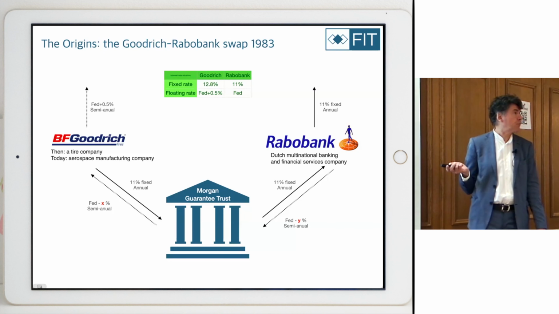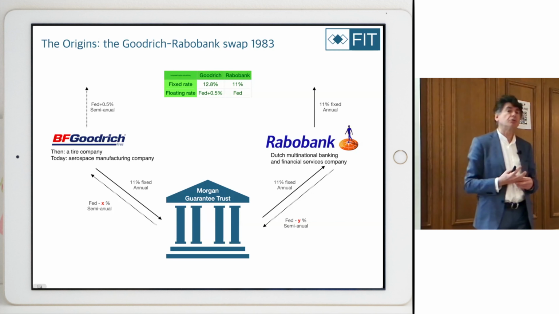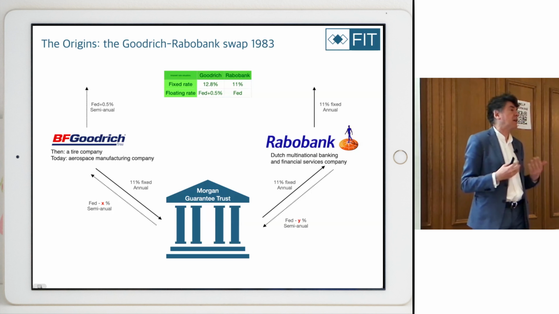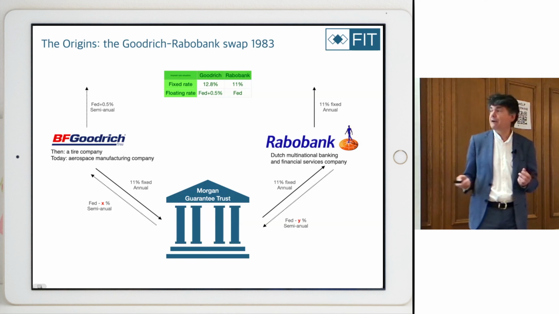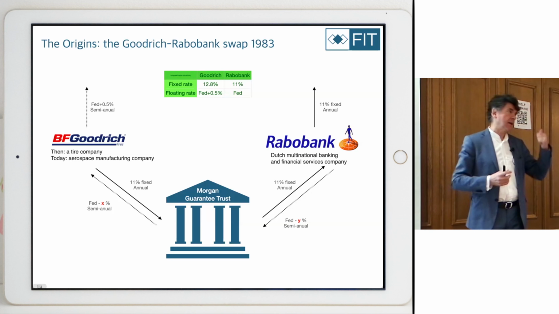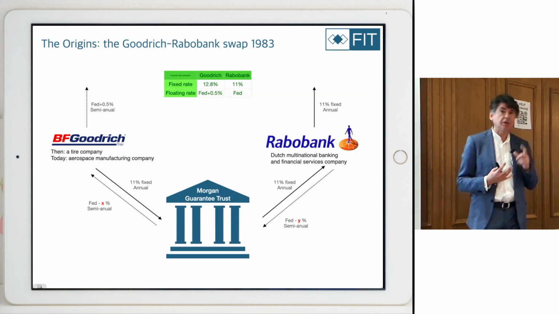Just like 2008 was created by the subprime and the structured credit blow-up in the 2000s, this was created by the oil crisis and the market volatility it gave rise to, and the fact that interest rates were going crazy and inflation was very high because the price of oil was extraordinarily high. The inflation we were dealing with in the 70s was the price of oil and the scarcity of oil.